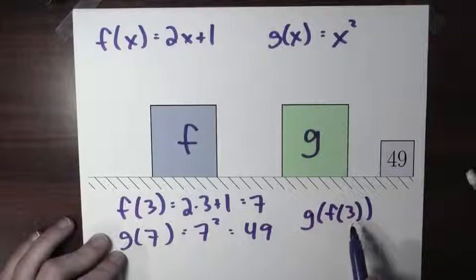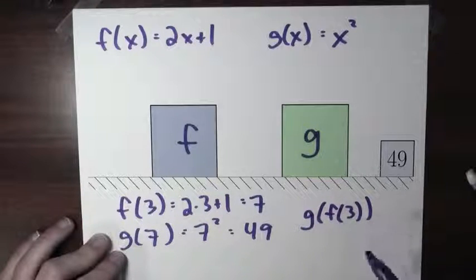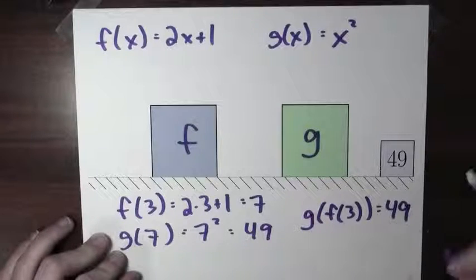Right? f of 3 is 7, and g of 7 is 49. So once I've got this sort of conveyor belt metaphor going on in my head, I could do the following trick. I could take two functions, I could take the output of the first function and plug it into the input of the second function.